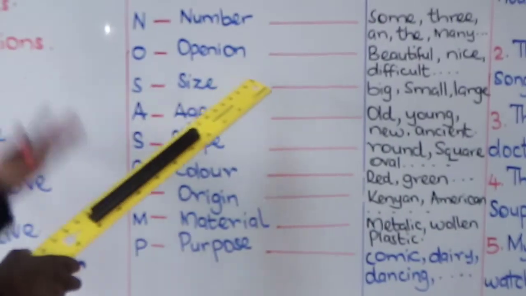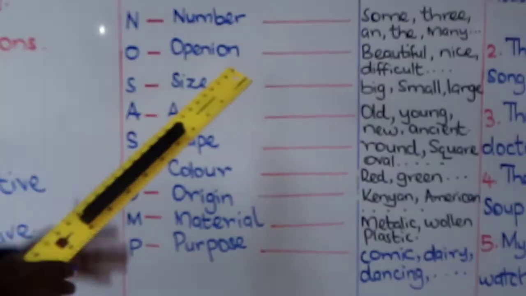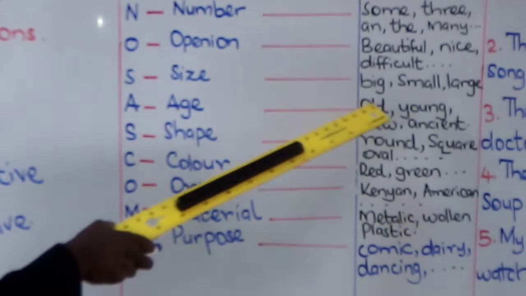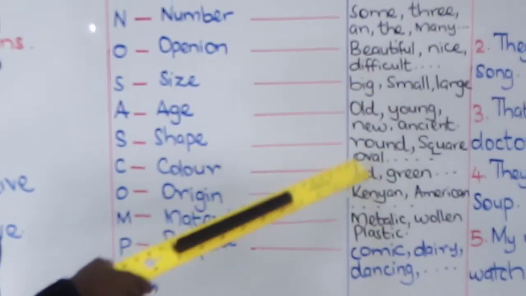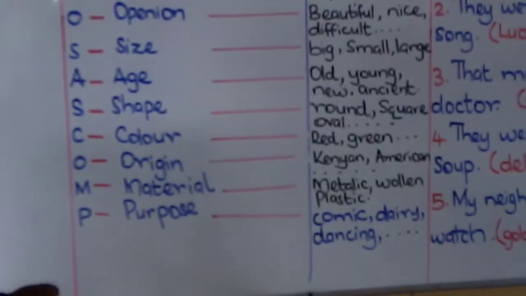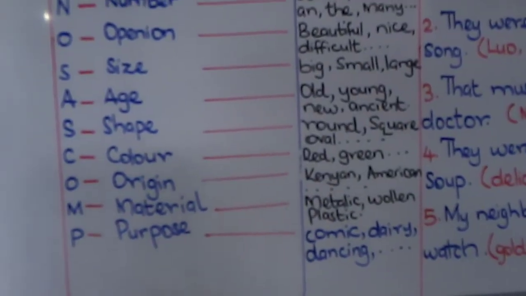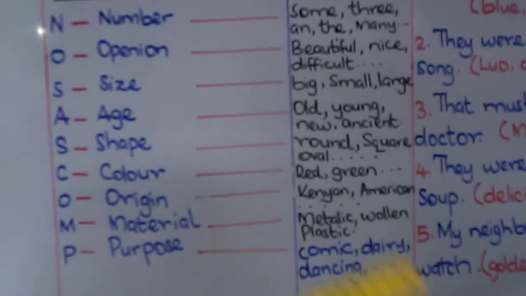Size of the noun. Remember, all these adjectives are describing the noun. Is it big? Is it small? Is it large? What is its size? Okay.